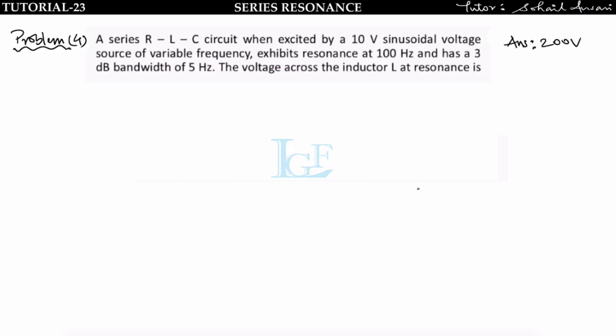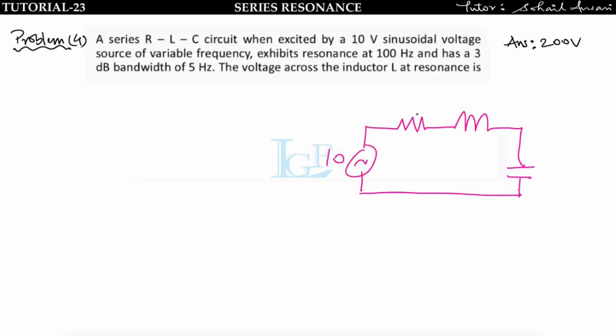Now let us take the last problem. A series RLC circuit, when excited by a 10 volt sinusoidal voltage of variable frequency, exhibits resonance at 100 Hz. I have given the resonance frequency that is equal to 100 Hz, and it has a 3 dB bandwidth of 5 Hz.